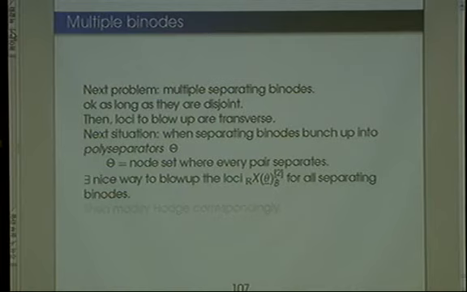So it is possible to define a nice scheme to blow up, which gives you a smooth space. It's nice in the sense that the blow-up is smooth. And it's also possible to analyze the exceptional divisors. At least in principle, it's possible to analyze the exceptional divisors and their intersection theory in a reasonable way.